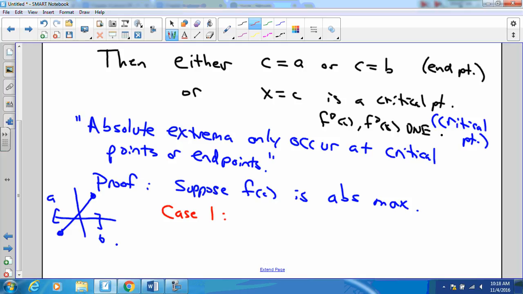With the graph you have over there. Okay, good. And in this case, we had a max at an endpoint. That's right. So a place to start would be to say, if c equals a or c equals b, then we're done because that case is true, right?